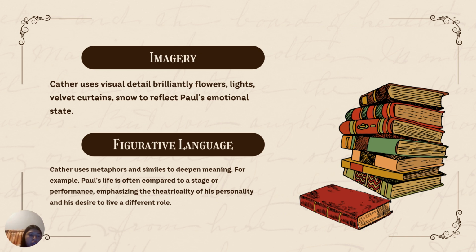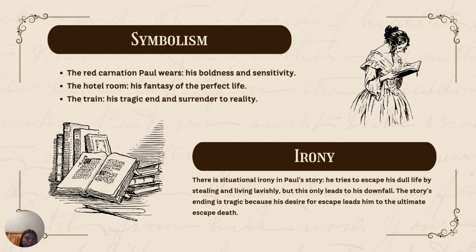Imagery. Cather used vivid details: brilliant flowers, lights, and glowing curtains, to reflect Paul's emotional state. Figurative language. Cather uses metaphors and symbols to convey meaning. For example, Paul's life is often compared to a stage or performance, emphasizing the theatre of his personality and his desire to live different roles.